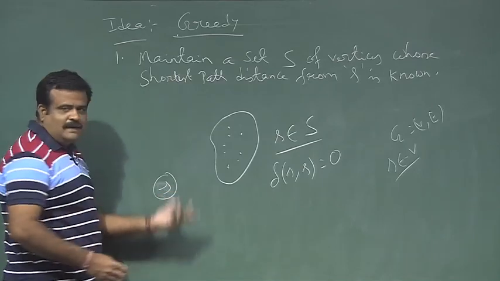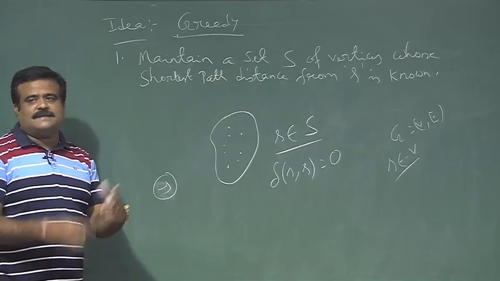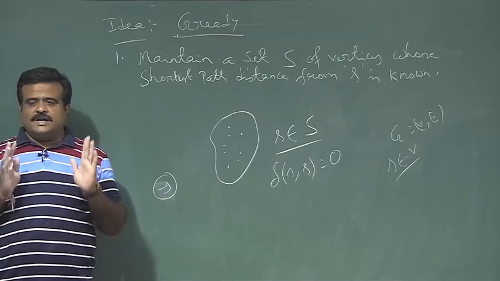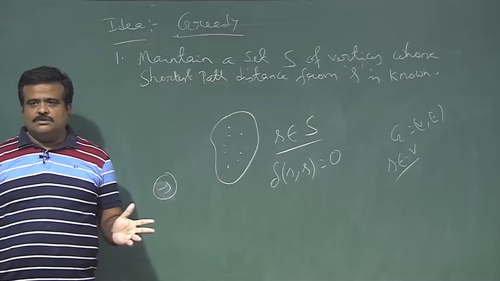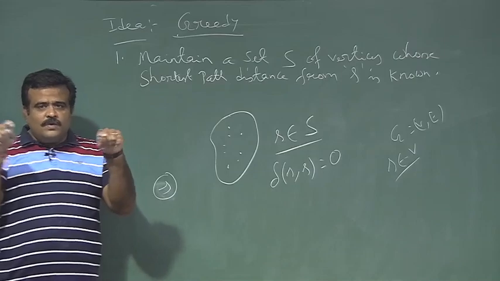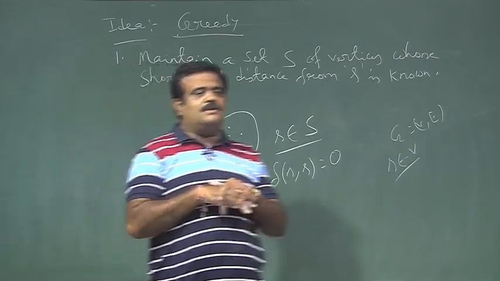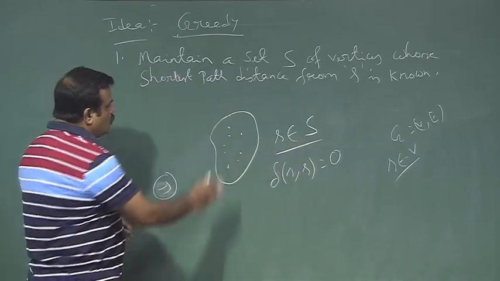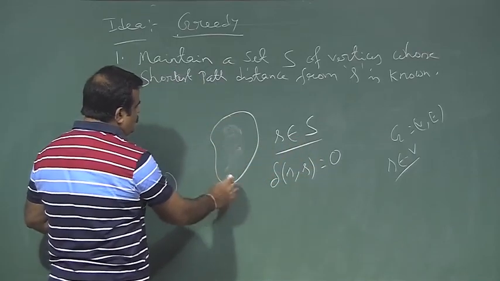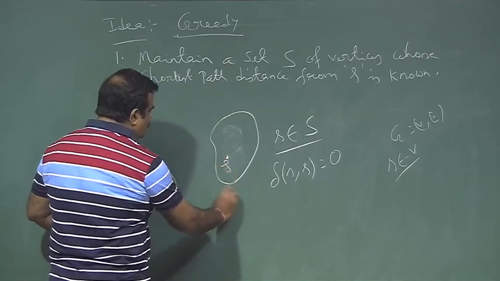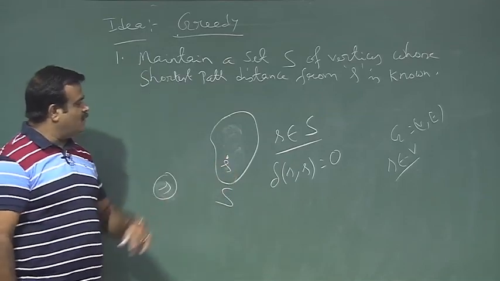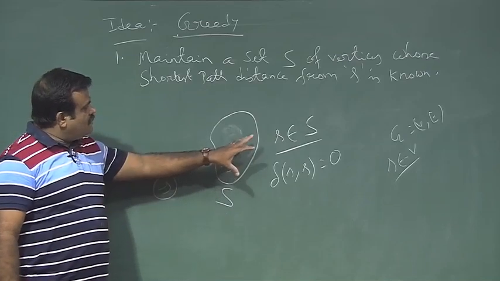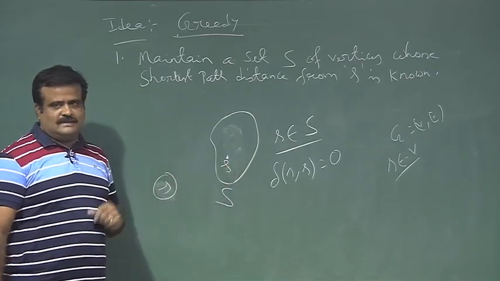Even if there is a cycle, that cycle will be a positive cycle, so it is better to remain at s. So delta of s comma s is 0. There is no other way we can reduce the weight below 0, because there is no negative cycle. So s will be the first vertex in capital S, because delta of s comma s is 0, and then we will slowly capture all the vertices in S.